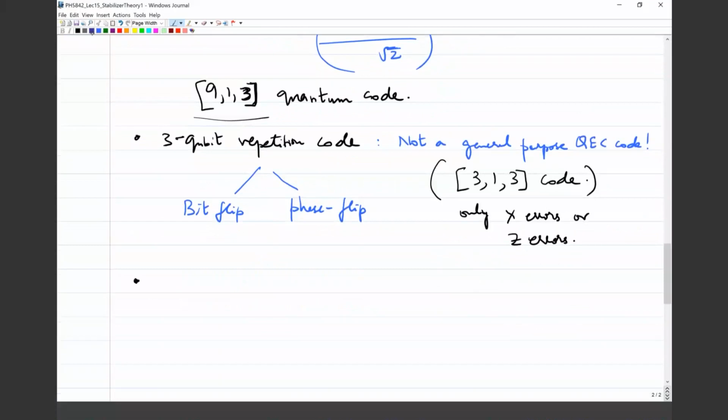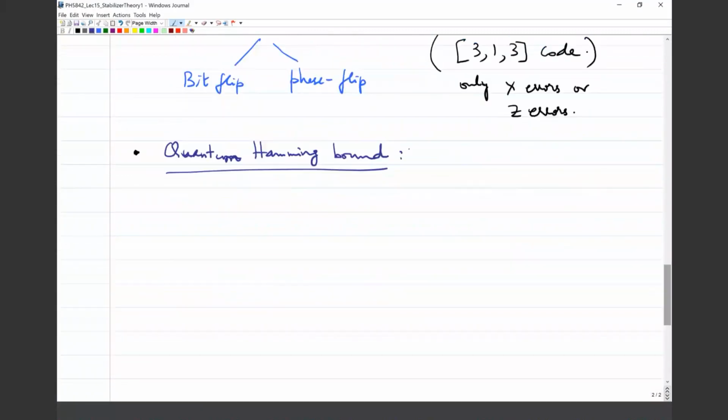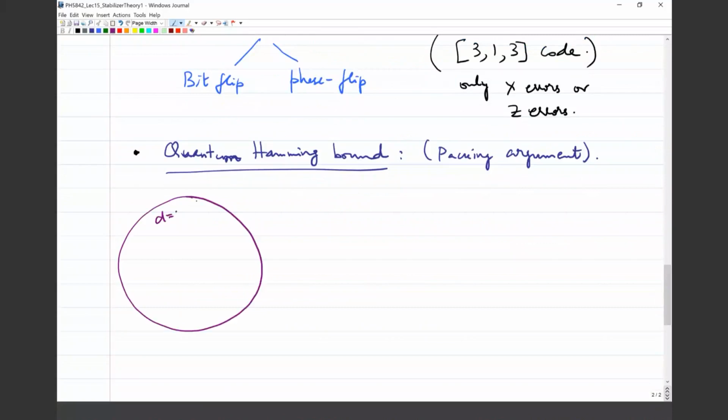So remember yesterday we discussed something called the quantum Hamming bound. After we discussed the error correction condition, we discussed this quantum Hamming bound, which was basically a kind of packing argument, right? The question was, well, you have this big encoded space, which has dimension 2 to the n, and inside that you have your code space, which has dimension 2 to the k, right?